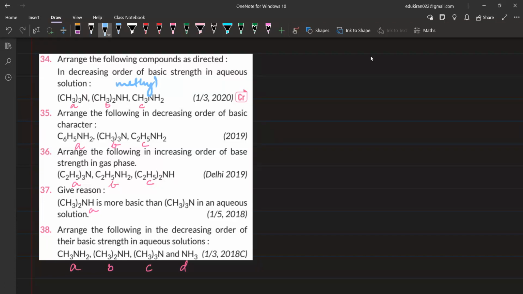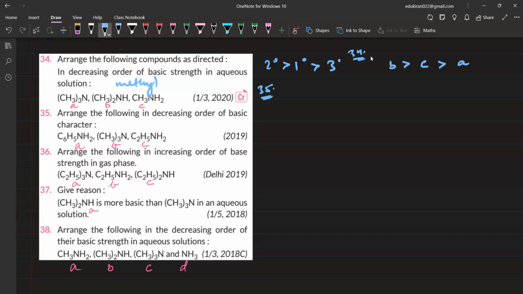First of all 2 degree, then you have 1 degree and then you have 3 degree, okay? Then in this case you have A, so what will the order be here? For 34th the order will be B, then C and then A, right? B, C, A, okay?